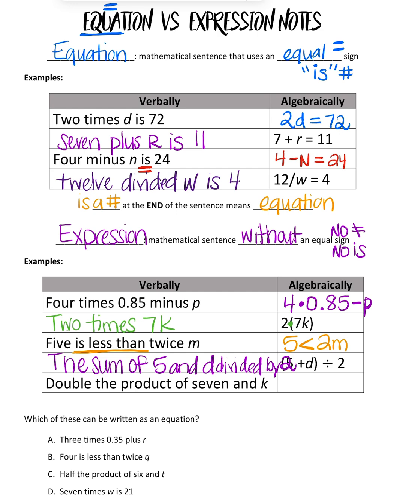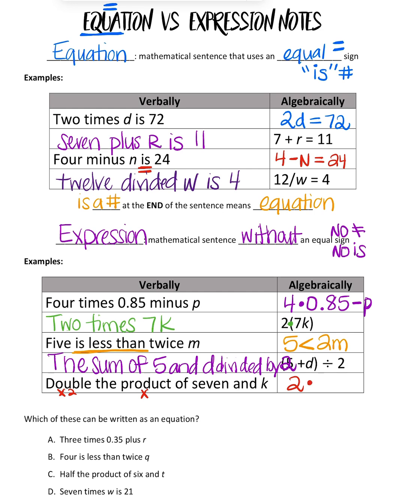All right, then we have double the product of 7 and k. Hopefully you guys know that double is times 2, and product is the answer to a multiplication problem. And it says of 7 and k. So we're going to do double the product of 7 and k.